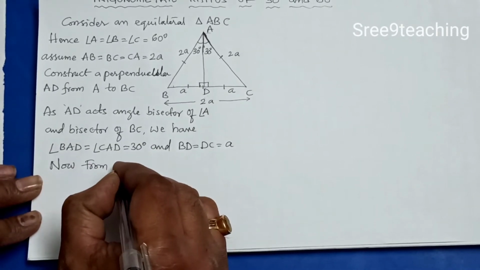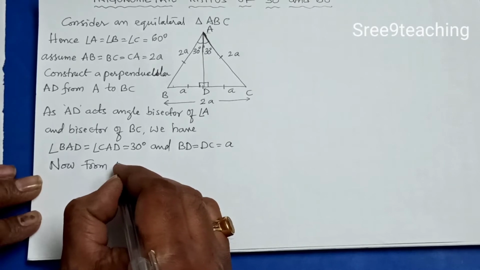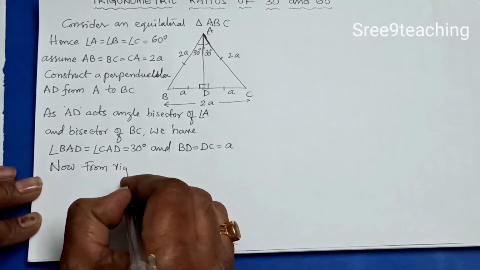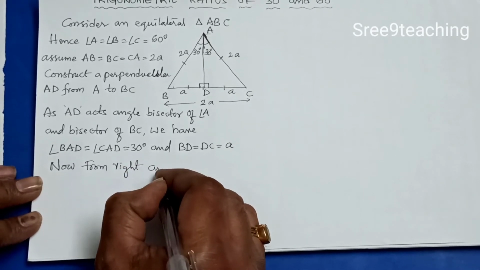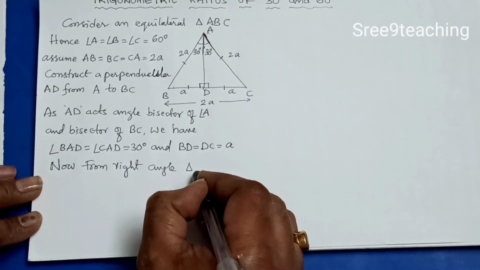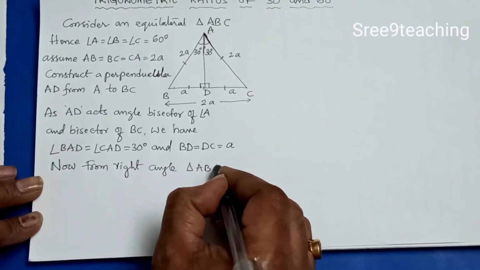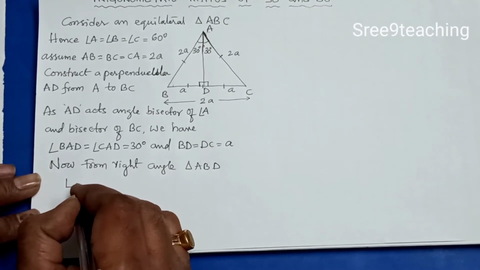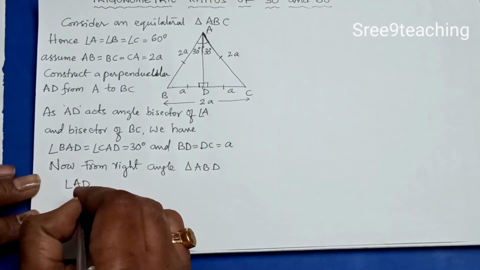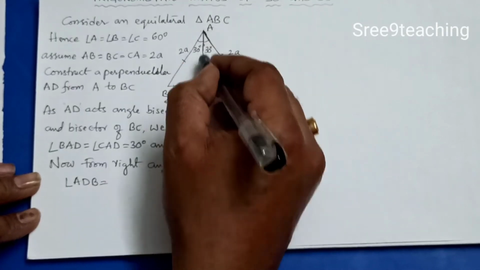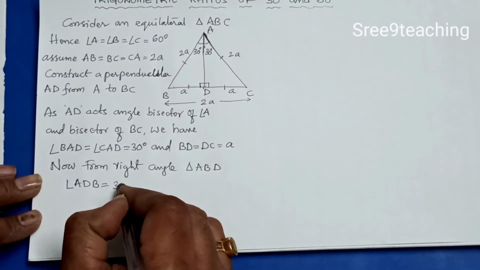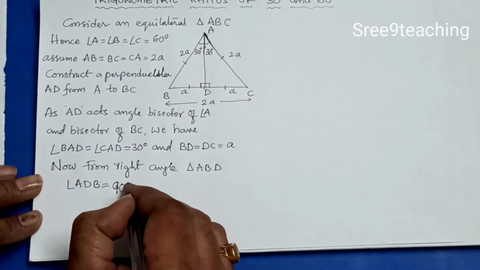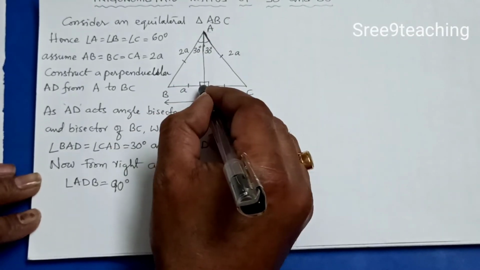From the right angle triangle ABD, we have angle ADB, which is 90 degrees, because this is perpendicular.